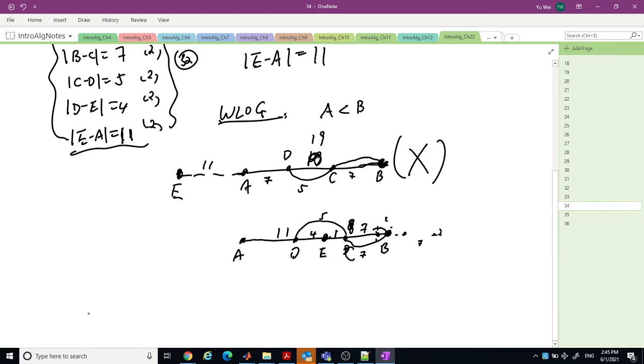That's very important. Let's draw it here. We can see it's A and B, and if this is a 4, this is a 7, then D is 7, then to E this is 4, that's 11. And now E to C is 1, then C to B is 7.